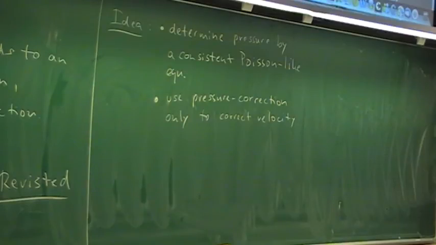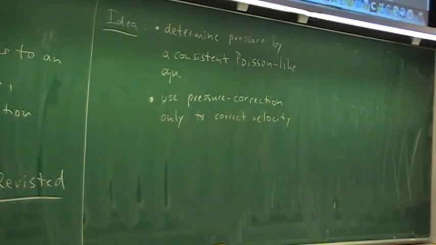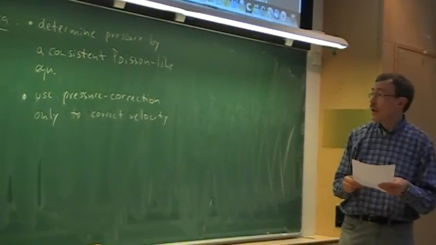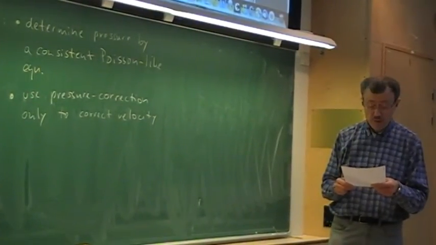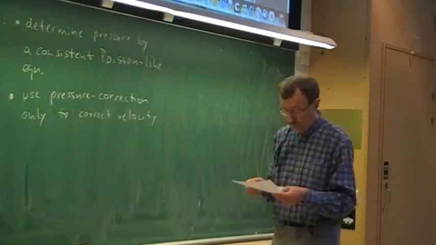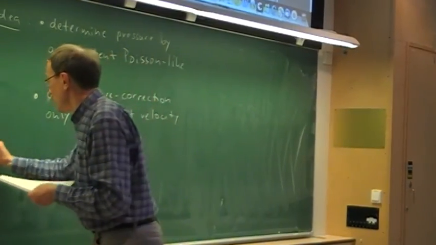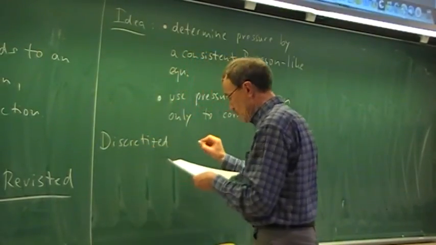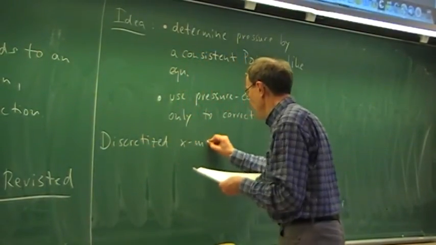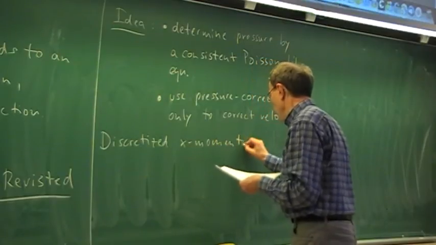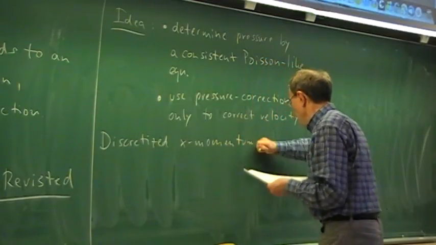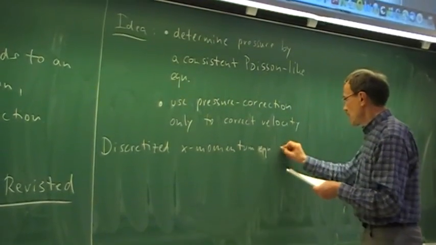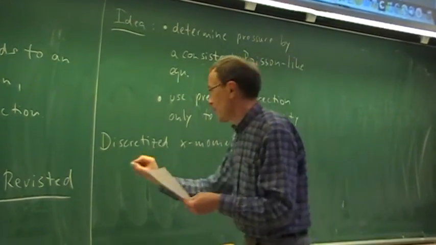So now we look again at the form of the equations that we are solving, and we look first at the discretized x-momentum equation. So the discretized x-momentum equation can be expressed as the following.